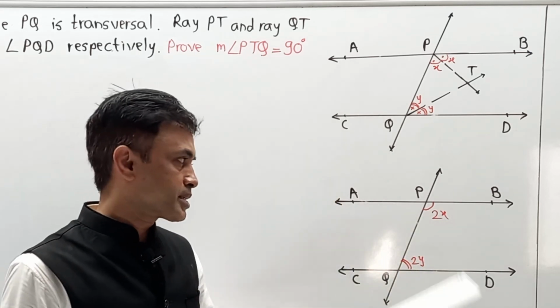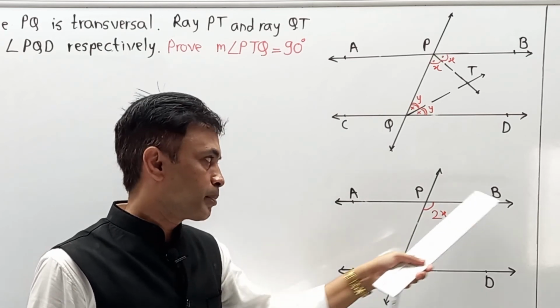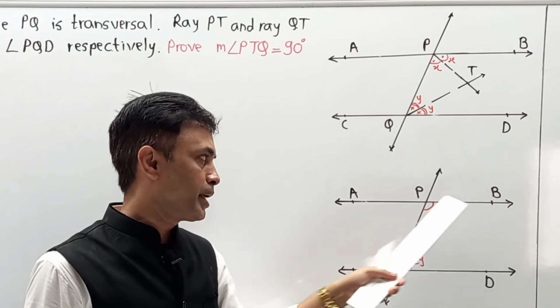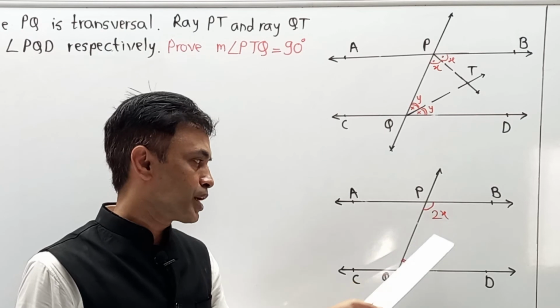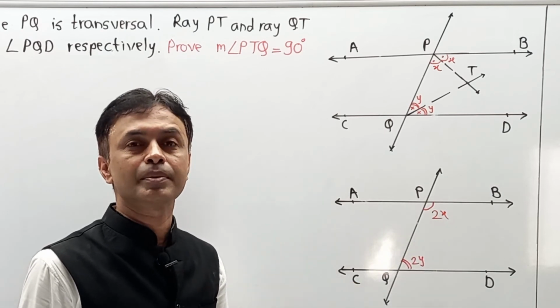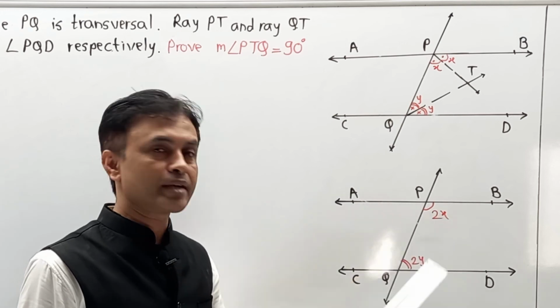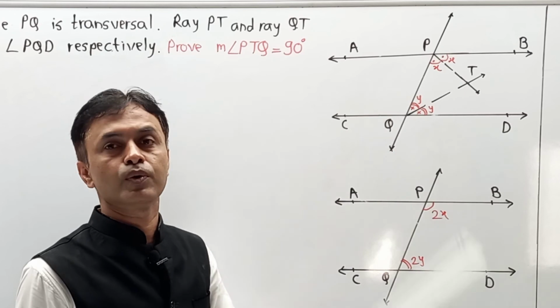From this combination we can get the value of X plus Y. Why? Because AB is parallel to CD, angle BPQ plus PQD, this 2X plus 2Y, is nothing but interior angle addition, and that is 180. With the help of that we can find the value of at least X plus Y, and that is the logic we are using over here.